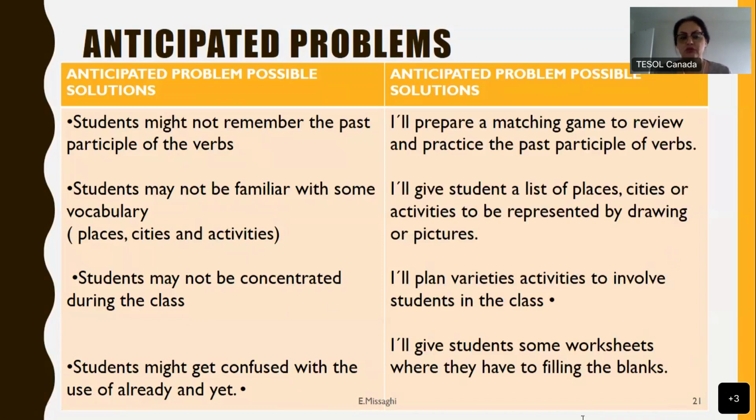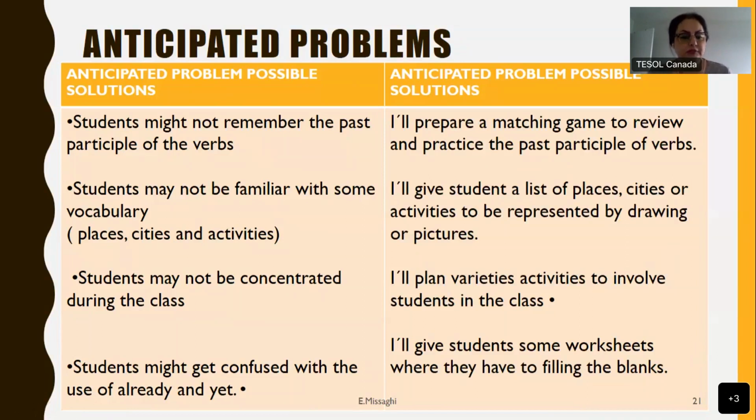Okay. So if they cannot remember, as you said, you can prepare a game, a matching game for example, or put it on the screen or review it, or even email it before the session to your students.